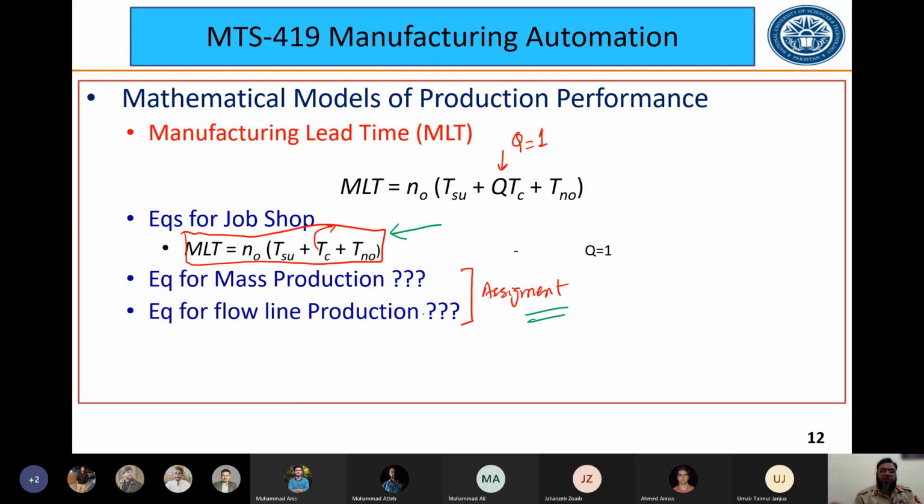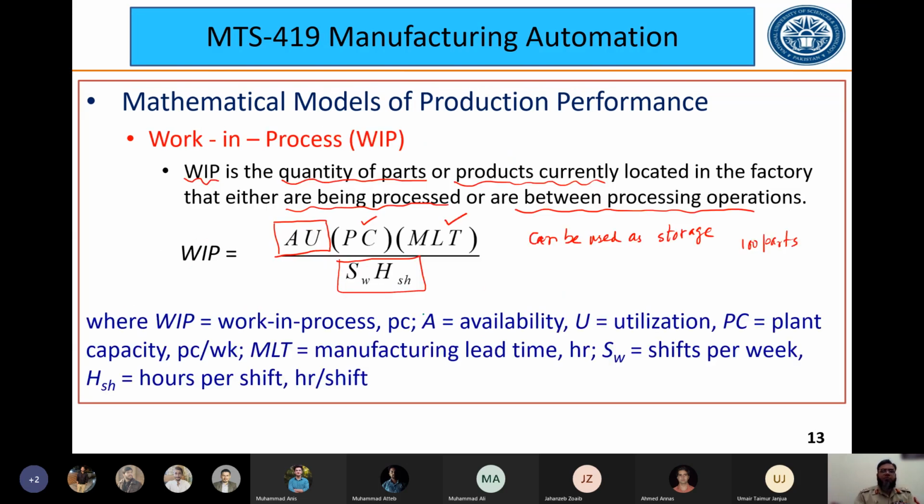So this is your assignment. You don't have to submit it to me. Just go back home and try this. How can you modify manufacturing lead time equation for mass production and for flow line production. ठीक है जी? So please try this at home.